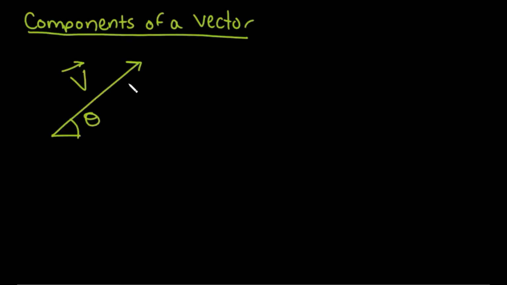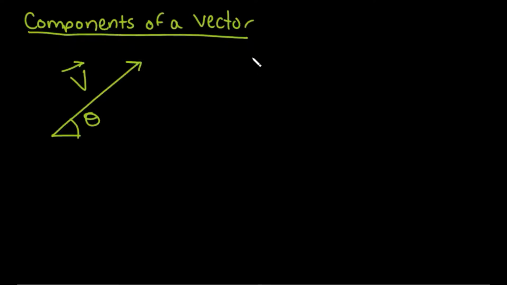Now, when we're working with vectors, it's really hard to work with vectors on an angle like this. In fact, it's almost impossible. So what we like to do is break them up into different components.